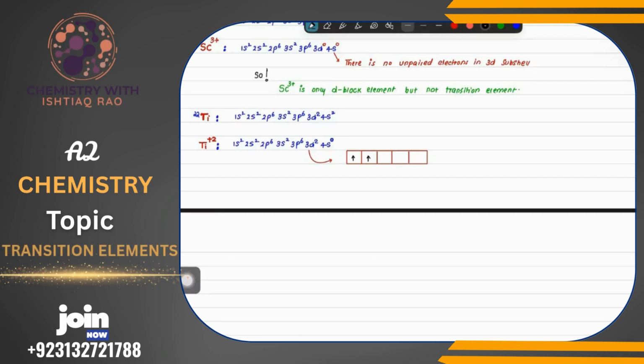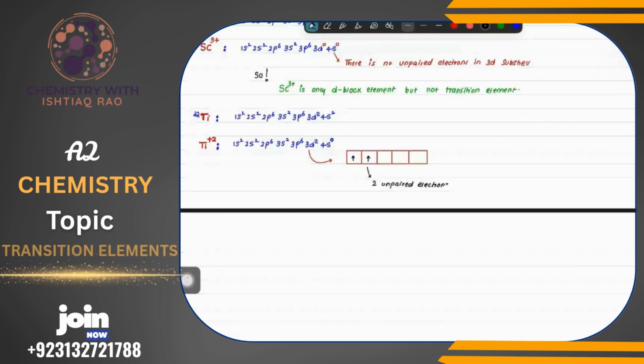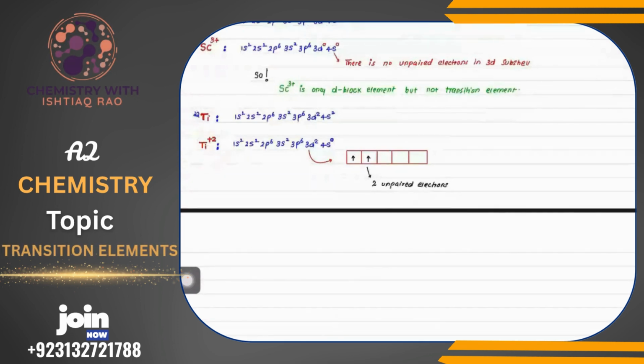Yes, this is a transition element, right? Because what I told you, in their ionic state, they must have unpaired electrons. If they have unpaired electrons, that's going to be a transition element. If not, it's not a transition element. It would be only a d-block element.